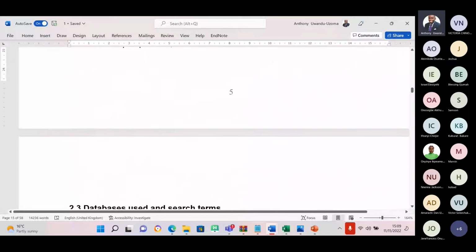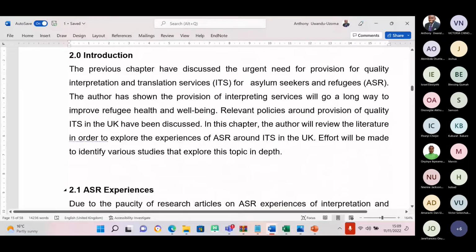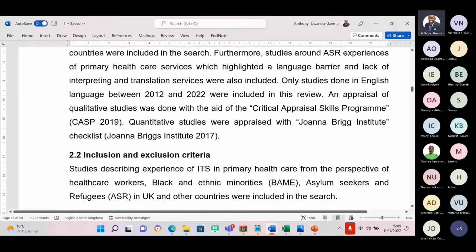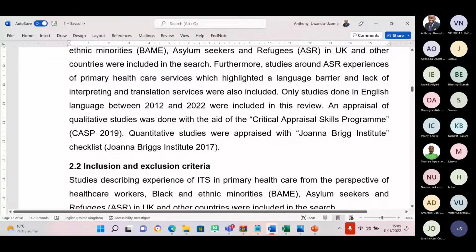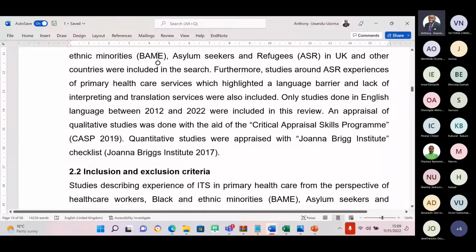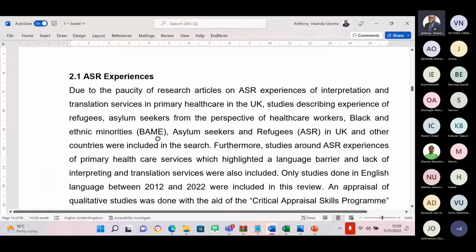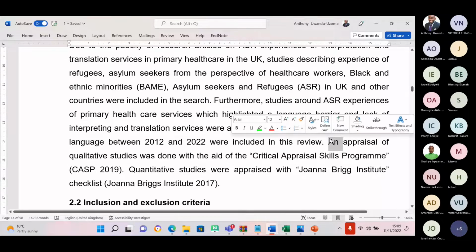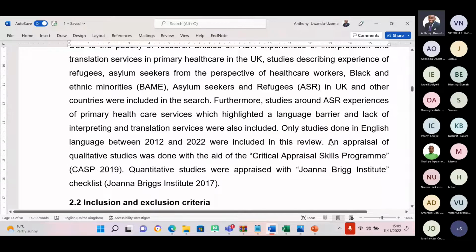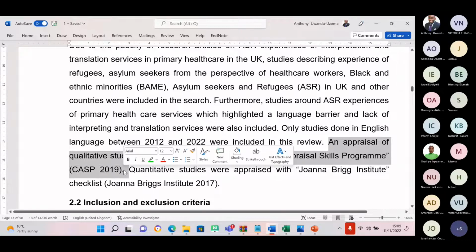So in your methodology, you need to highlight. I hope you can be writing what I'm saying, or the most important things I'm looking at. Number one, you need to tell me, how do you want to appraise the study that you are retrieving? How do you want to critically appraise them?